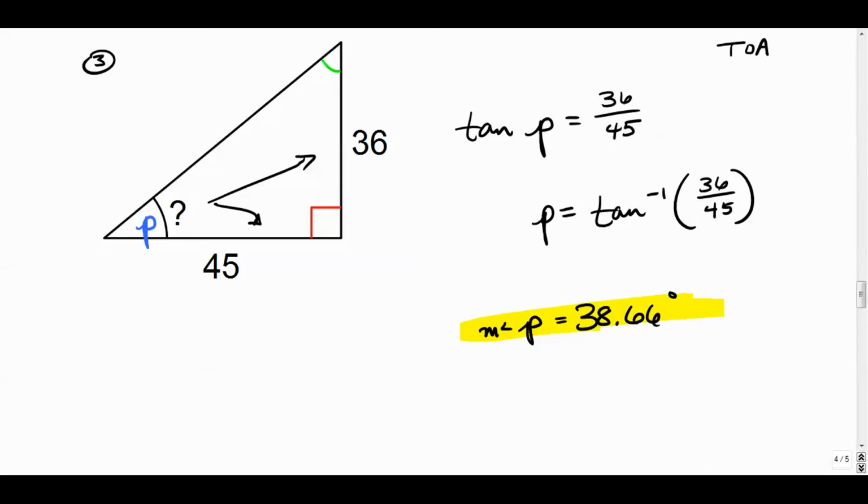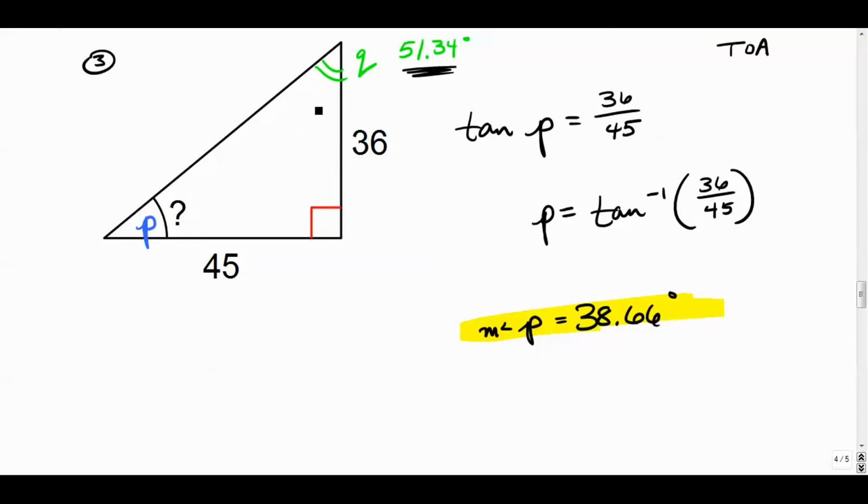And again, if I'm asked to find this, I know that angle P and angle, say, Q are complements of each other. So that one should be 51.34 degrees, I think. Yeah, that looks good. And you can find that too if you wanted to. You can say, all right, now I want to find angle Q to check that this is correct.